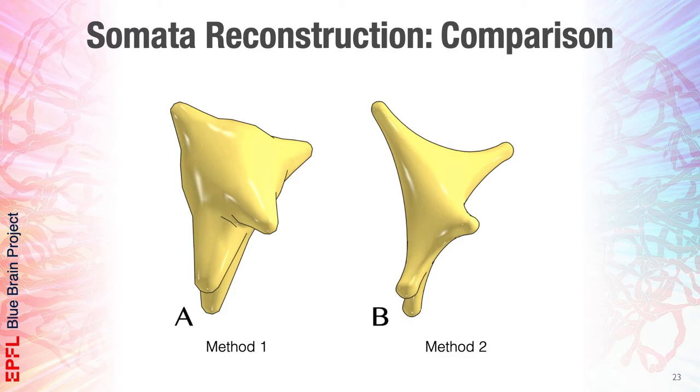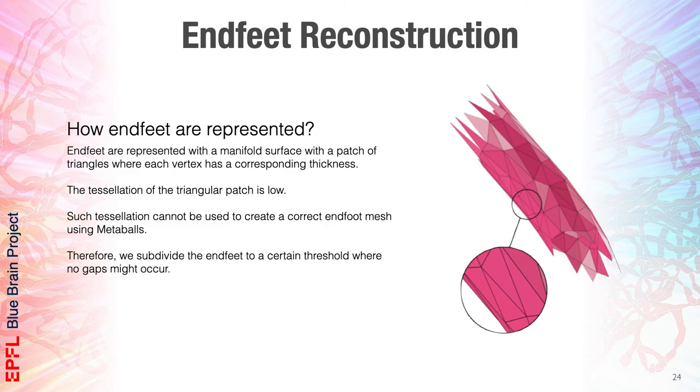As a result, to compare the two methods, these are two meshes for the somata reconstructed from method 1 and method 2, and as you can see, the one that is generated with the hybrid approach is much more realistic than the one that is generated with metaballs only.